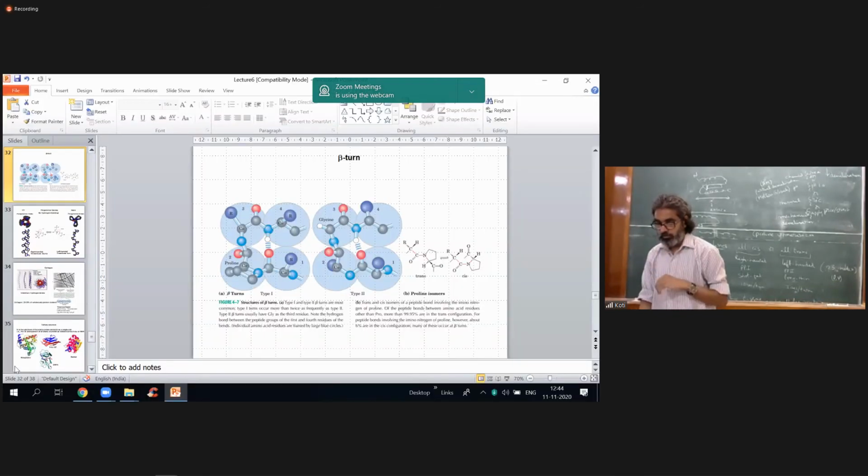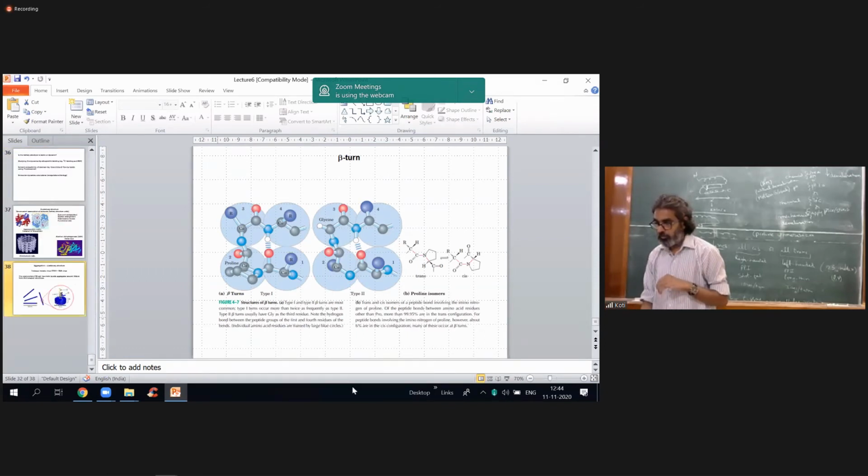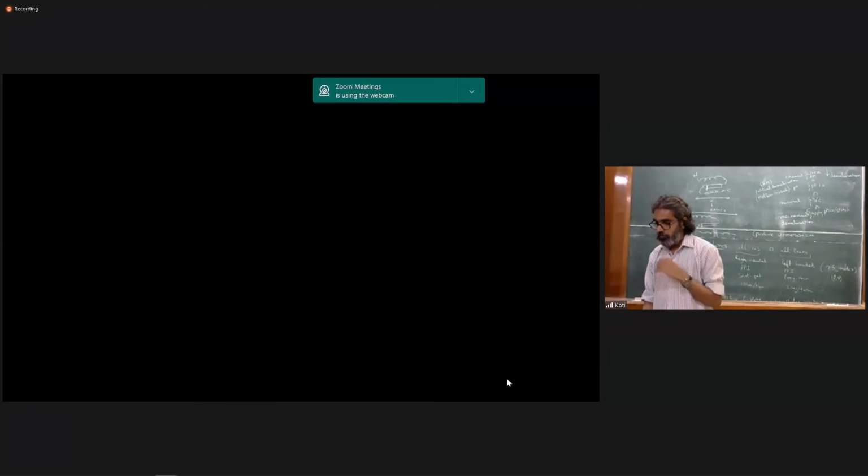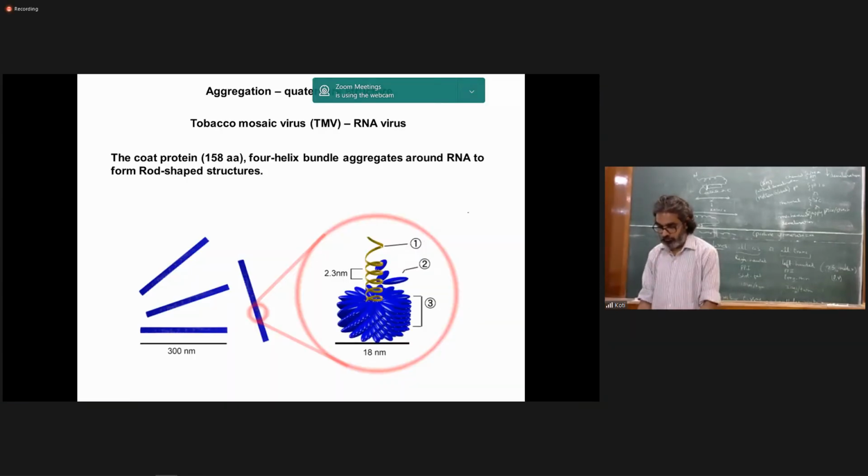So, to complete this, for quaternary structure I'm showing you a very complex example here: the assembly of a virus. It is also considered a quaternary structure, because you take different protein molecules and look at how they are arranged with respect to each other.